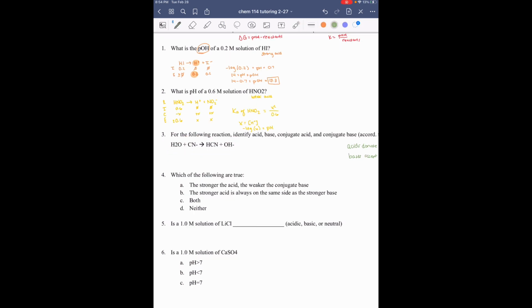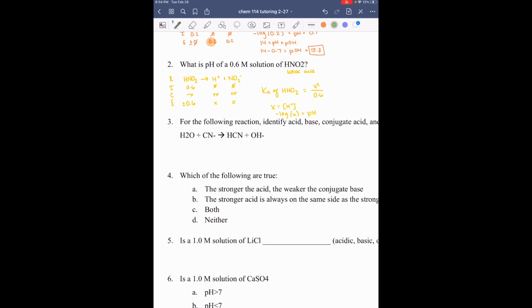So we look over here, and I go, okay, what is donating a hydrogen? H2O is donating a hydrogen because it goes from H2O to OH, and it gives a hydrogen to our cyanide. So cyanide gets that hydrogen, so that's our base, and it turns into HCN, which is our conjugate acid, and this is our conjugate base.